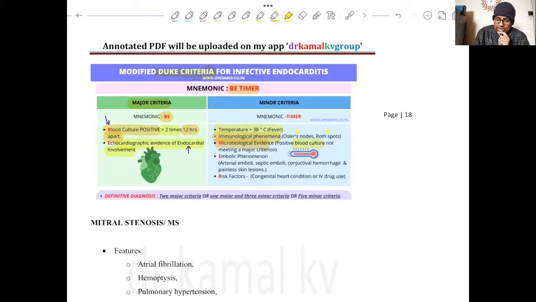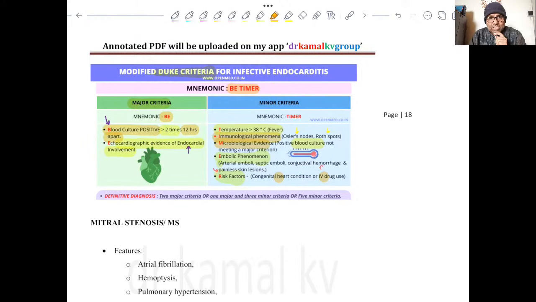Then embolic phenomena is a minor criteria, like arterial emboli, septic emboli, or conjunctival hemorrhage, or painless skin lesions, which are Janeway lesion. And then risk factors like a congenital heart condition or a history of IV drug abuse, right? So these are 2 majors and 5 minor criterias under Duke criteria for infective endocarditis.